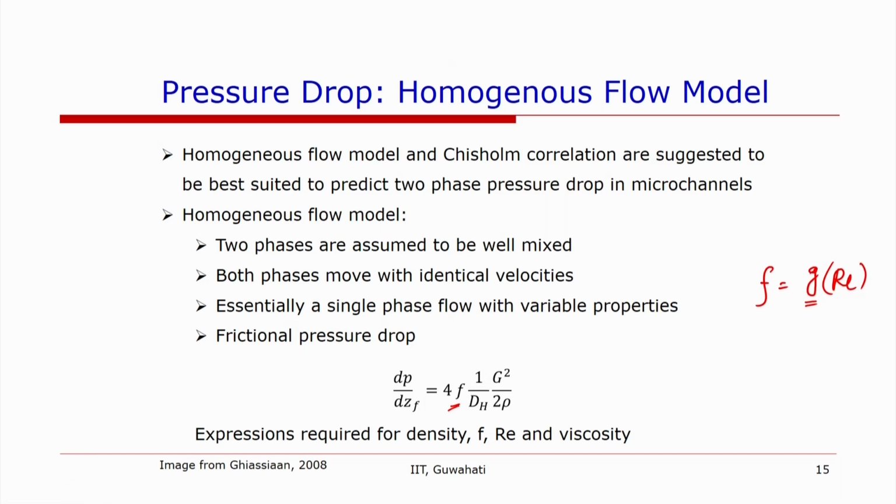Now we will need to look at what rho and what mu one should be using here. G, of course, is the flow rate, or the velocity; one can use the mixture velocity.